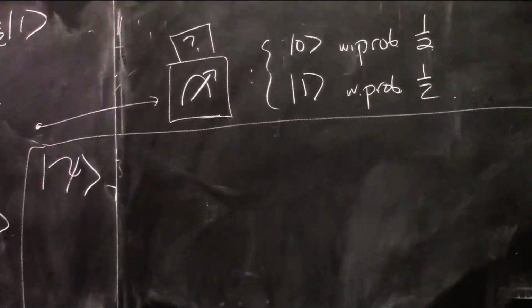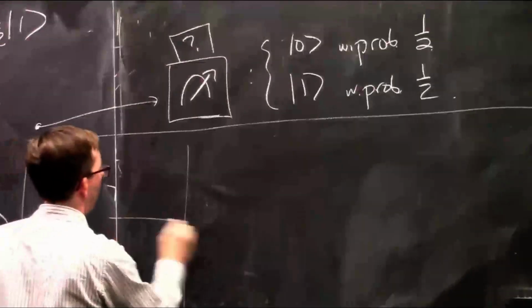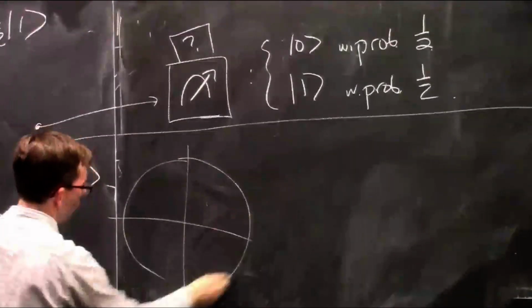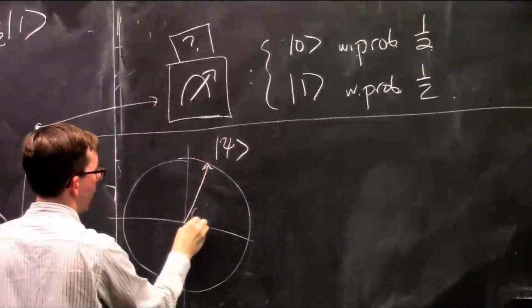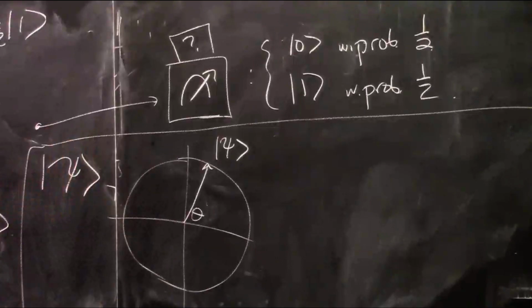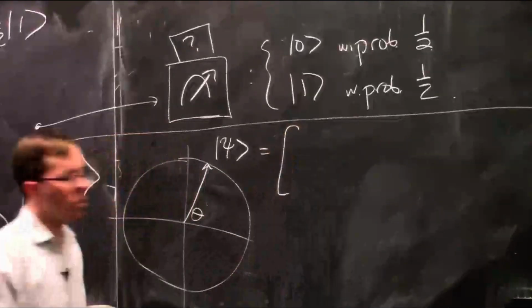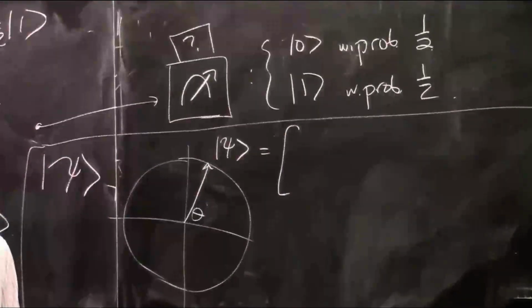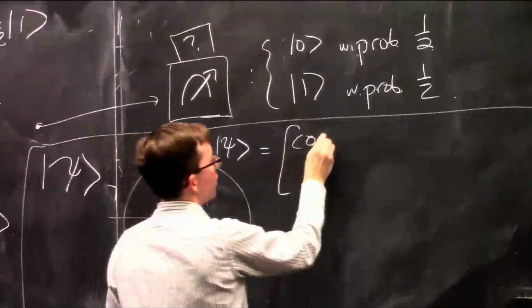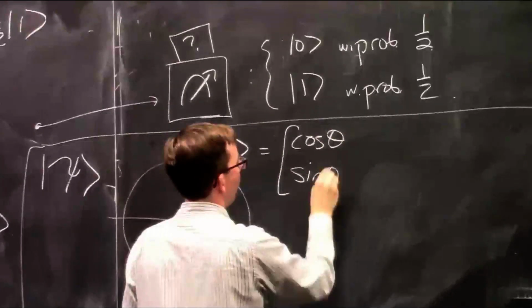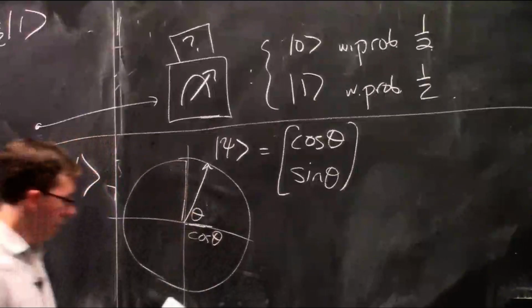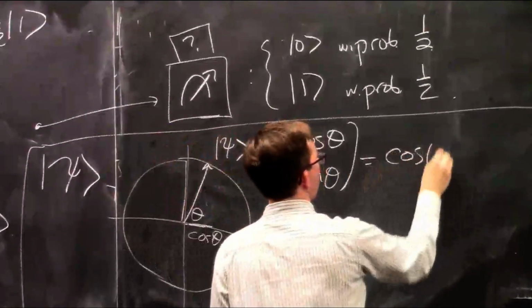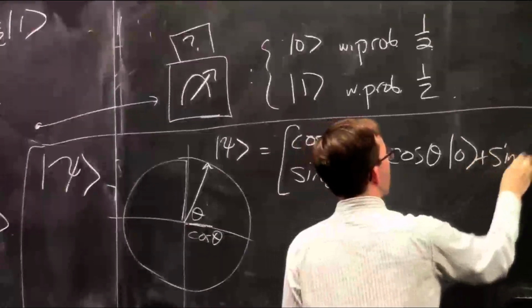OK, so if psi is some other qubit state, let me draw it over here, say this one, where this angle is theta, then what are the two coordinates of psi, or the amplitudes? Yeah, I guess you all know. It's cos theta and sine theta. This distance is cos. The other one is sine. OK. So we can also write it like this: cos theta times 0 plus sine theta times 1.